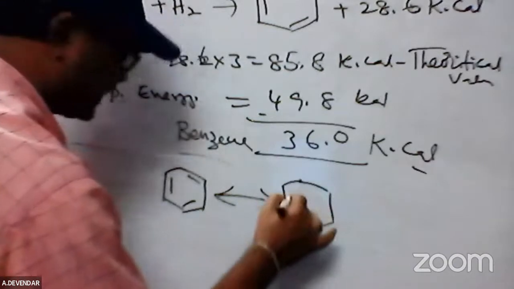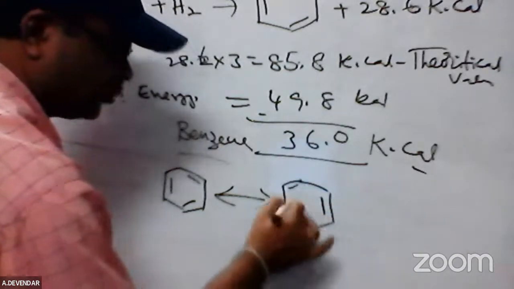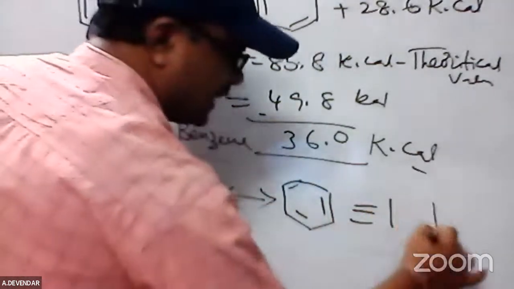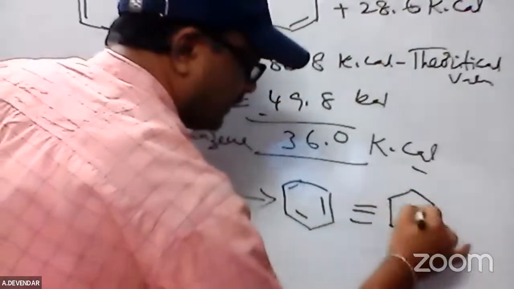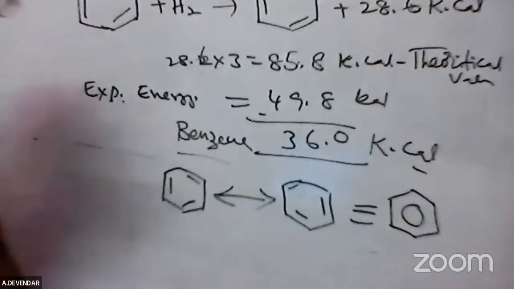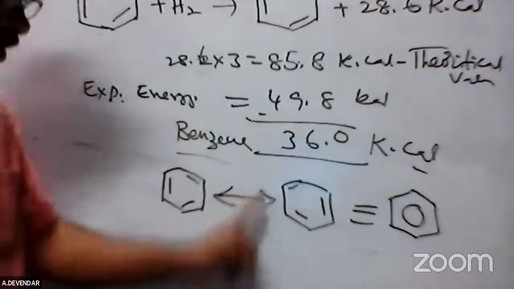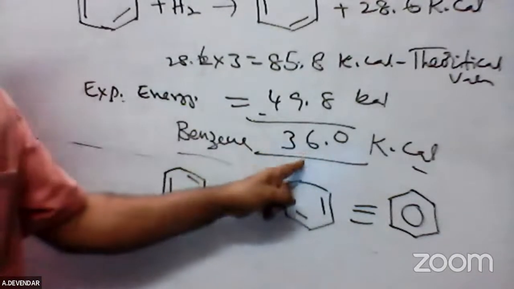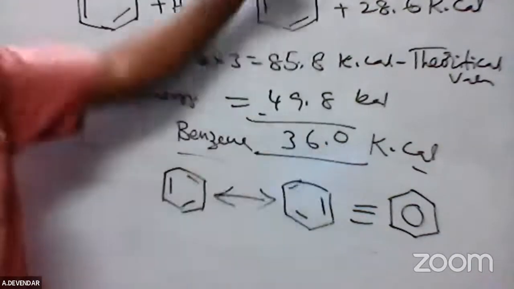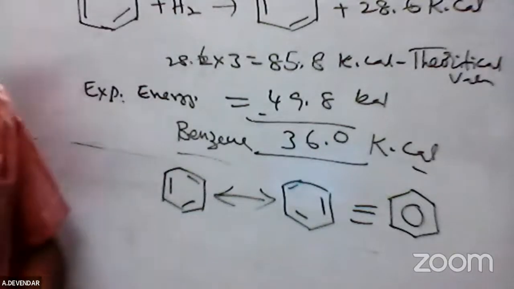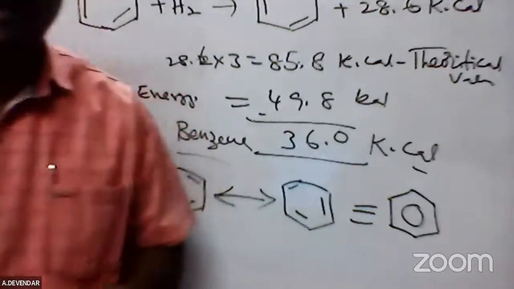These are the 2 resonance structures. Due to this, there is a resonance hybrid. Due to the 2 resonance structures, it is a stable compound and gets 36 kilocalories of resonance energy. This is about the resonance energy of benzene.